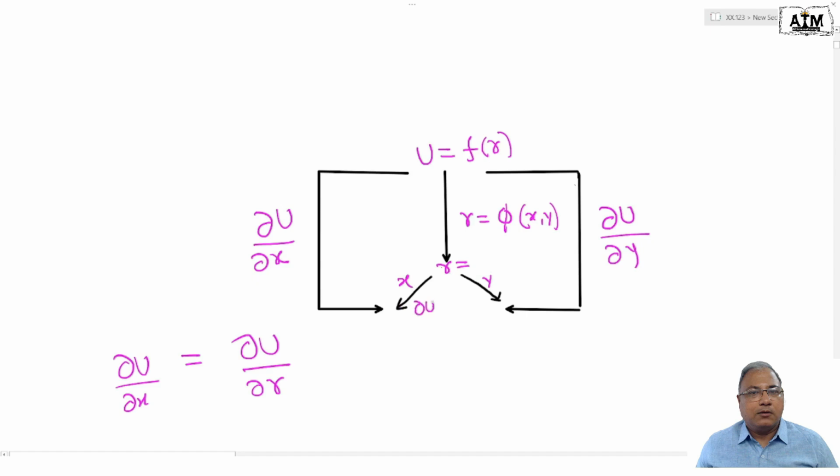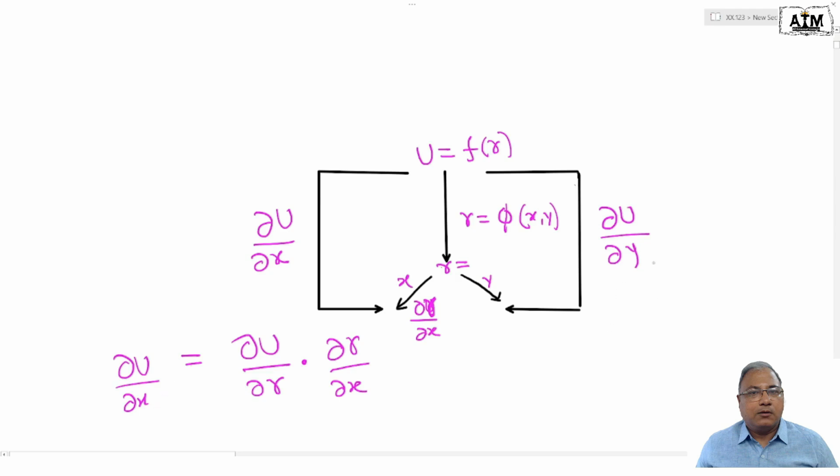So you need to find the partial derivative of r with respect to x. So there are two steps involved to find partial derivative of u with respect to x, that is partial derivative of u with respect to r, therefore del u by del r multiplied by del r by del x. So this way you can find out partial derivative of u with respect to x.